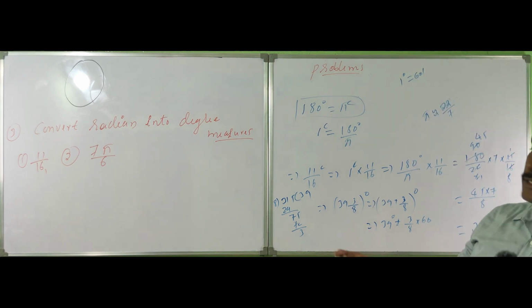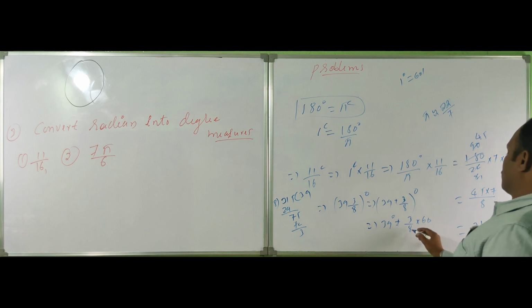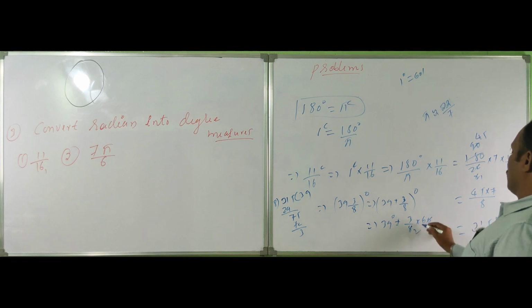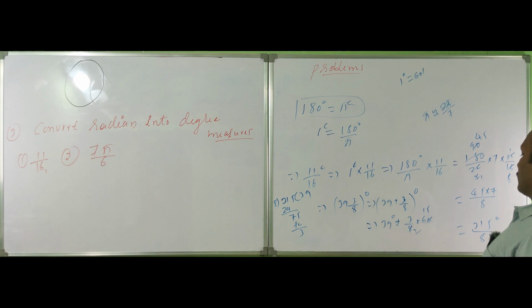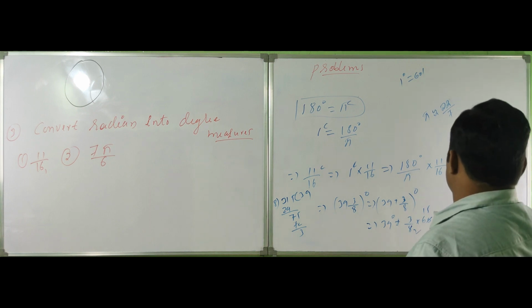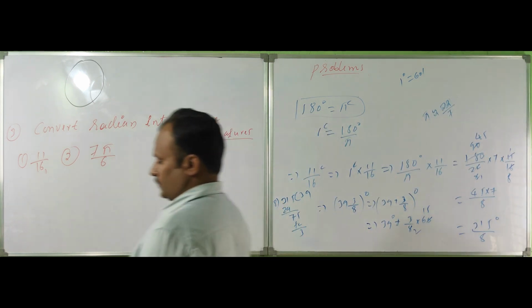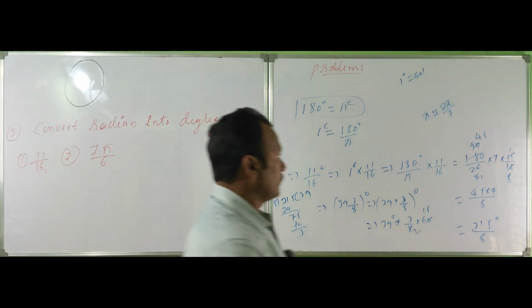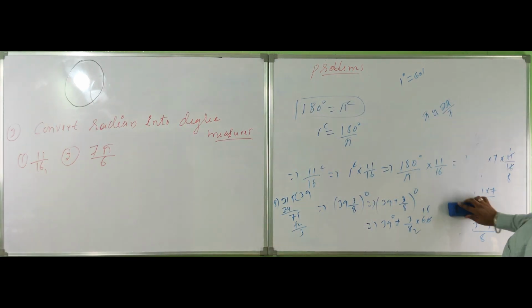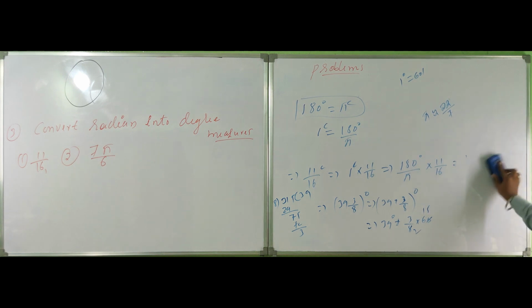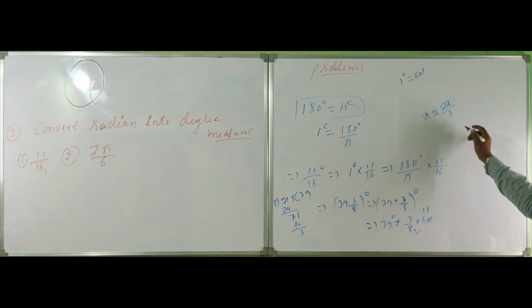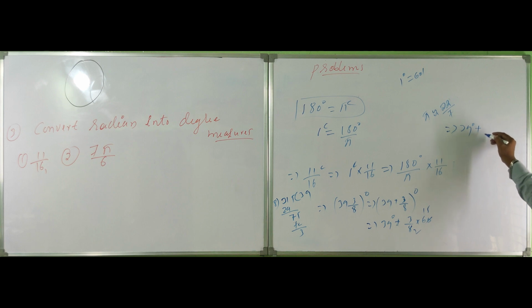So 3 by 8 degree is equal to 3 into 60 by 8. Then again, the lengthy part is 39 degree plus 3 into, so 45 by 2 minute.